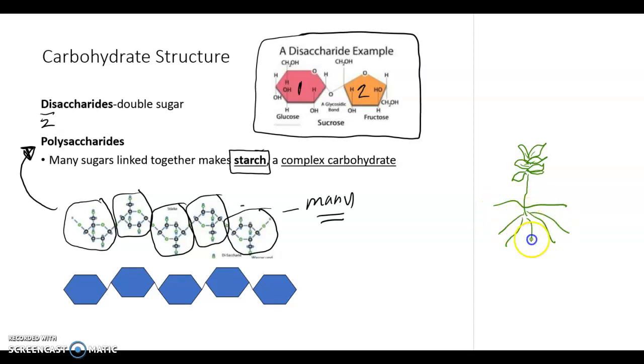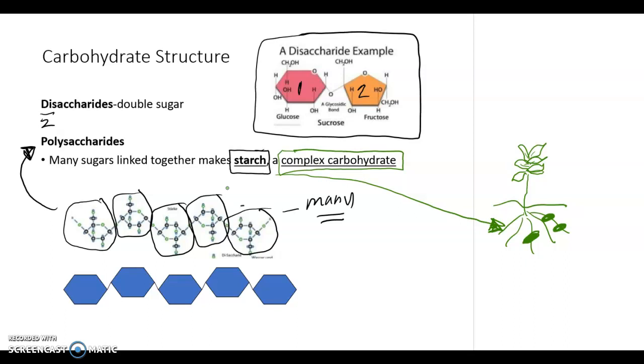If you think about a potato, for example, down here underground, you have some potatoes growing. These potatoes store starch. Starch is also known as a complex carbohydrate because it's many. There's multiple monomers joined together.